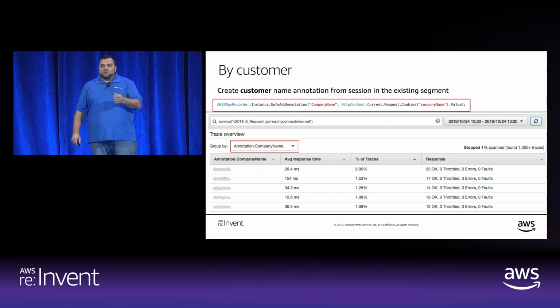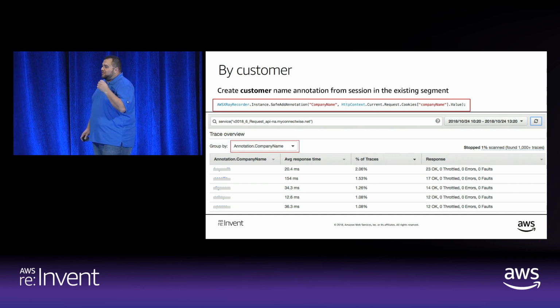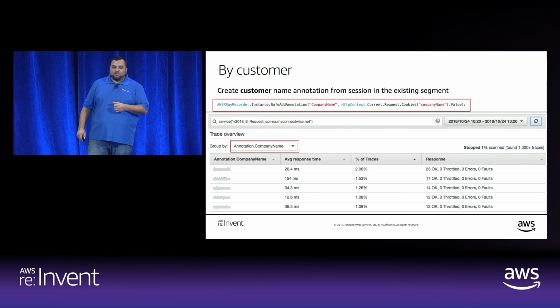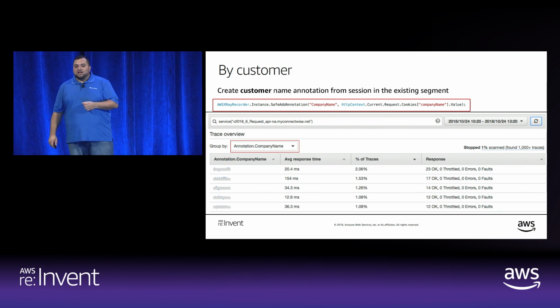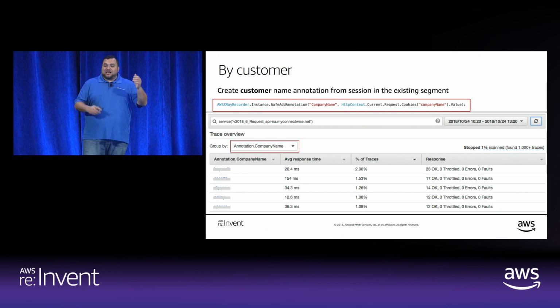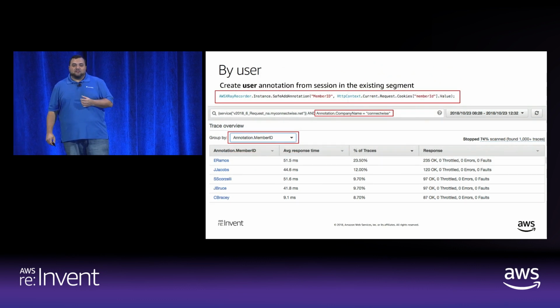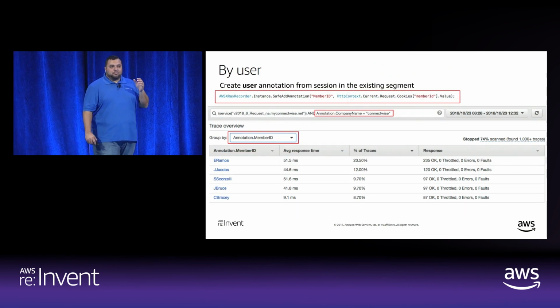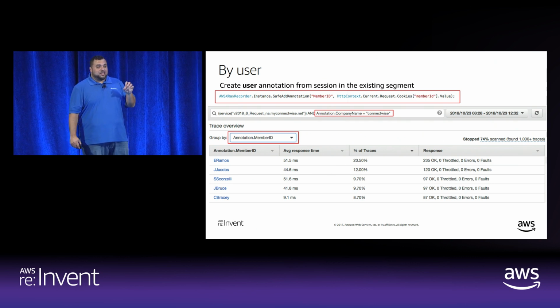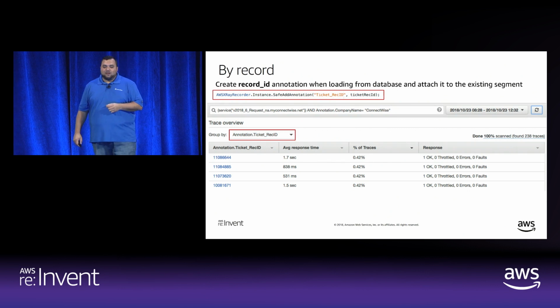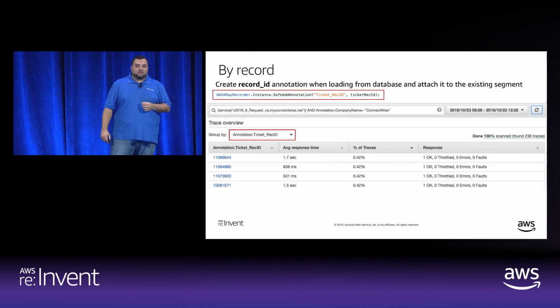We capture some of the session information and simply add annotations based on it, like customer name. Now you can filter by a customer name and see all the transactions by that customer. Even by username, we can filter down transactions for a specific user, whoever reported the issue. Even better, by records.